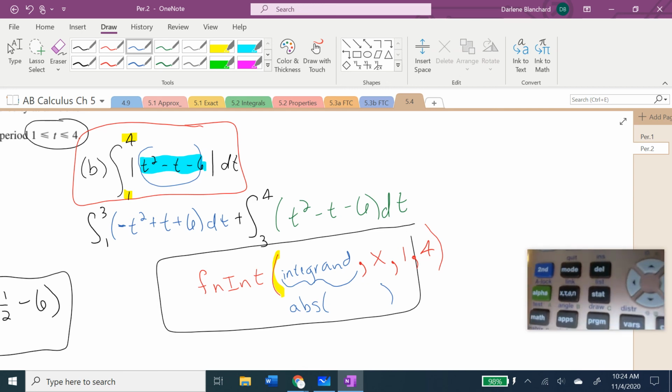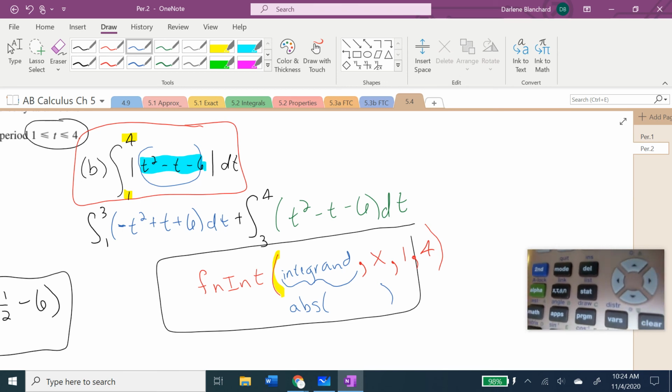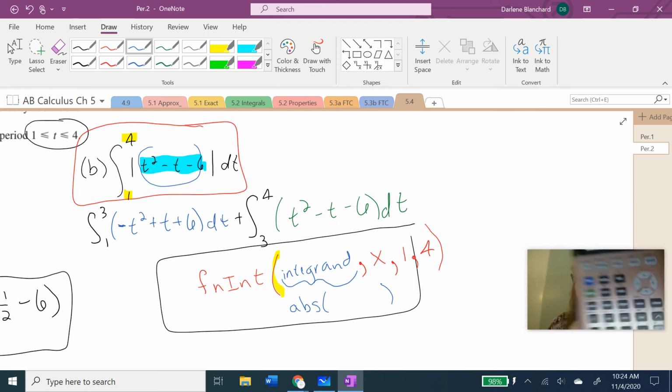It will automatically use the variable for the mode that you're in. And you should be in function mode where it's going to use the x variable. Even though this says t, it is far less time consuming to just push the variable button every time your t shows up. So I want to type in x squared minus x minus 6. But if you really want to use t, you can.